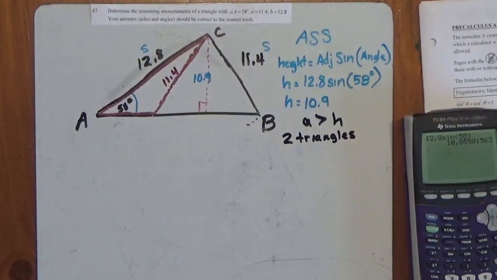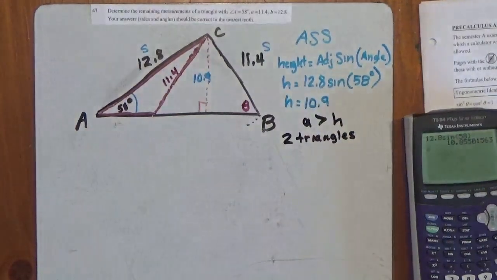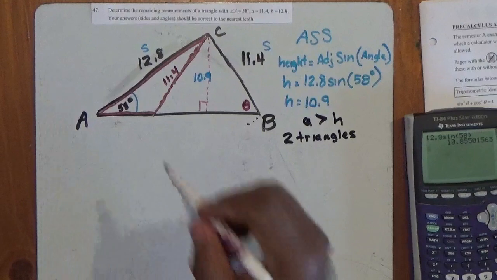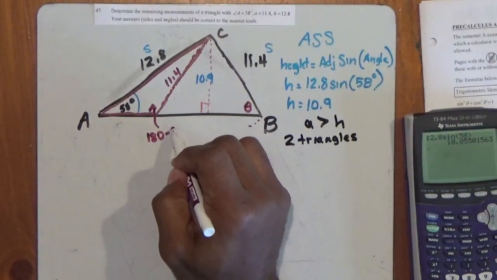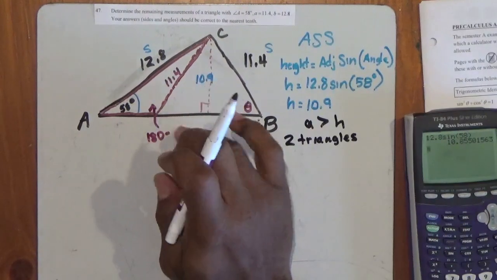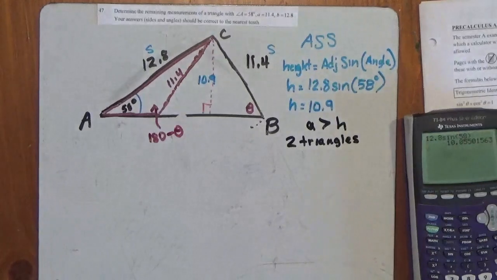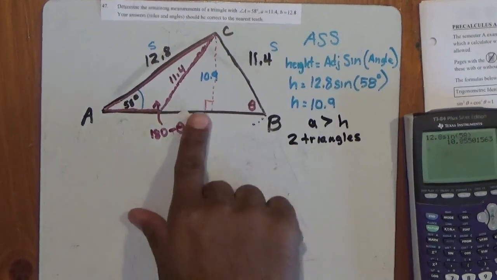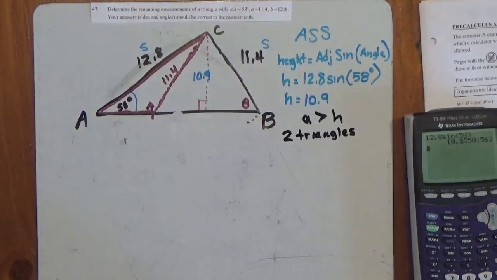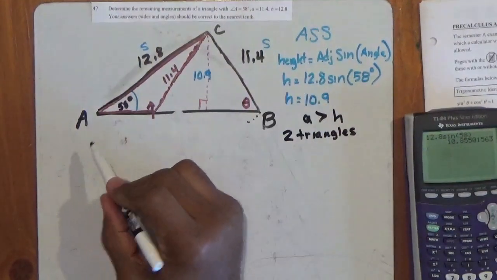The good thing about this is that once we find this angle, this angle right here is just 180 minus the angle we already found. So we're going to take care of the big triangle first. I'm going to erase this right now, and we call the big triangle triangle 1.